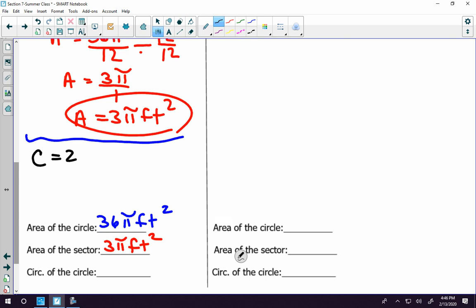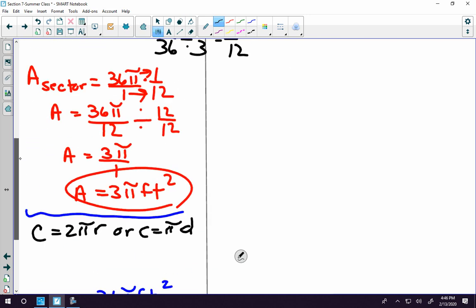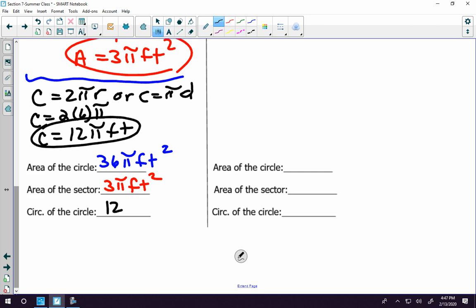We're going to go with circumference equals 2 times pi r, or circumference equals pi times diameter. If we look back at the diagram, the length of the radius is 6 feet. So the circumference is going to be 2 times 6 pi, or the length around the circle is going to be 12 pi feet.